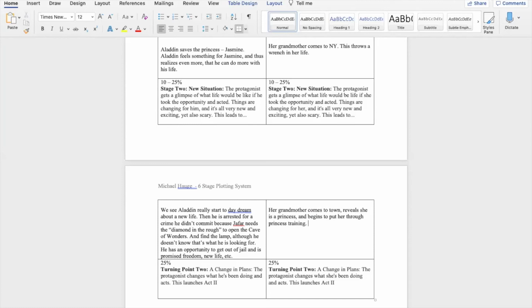I guess that's what we'll call it. Her grandmother is very different from anything in her typical life. And again, this is a situation where Mia is actually forced to change.